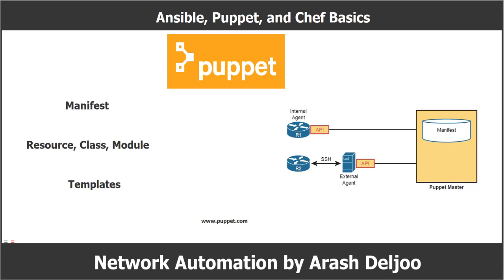About the resource, class, and module, these terms refer to the components of the manifest, with the largest component, module, being composed of smaller classes, which are in turn composed of resources. About the templates, using a Puppet domain-specific language, these files allow Puppet to generate manifests and modules, classes, and resources by substituting variables into the templates.